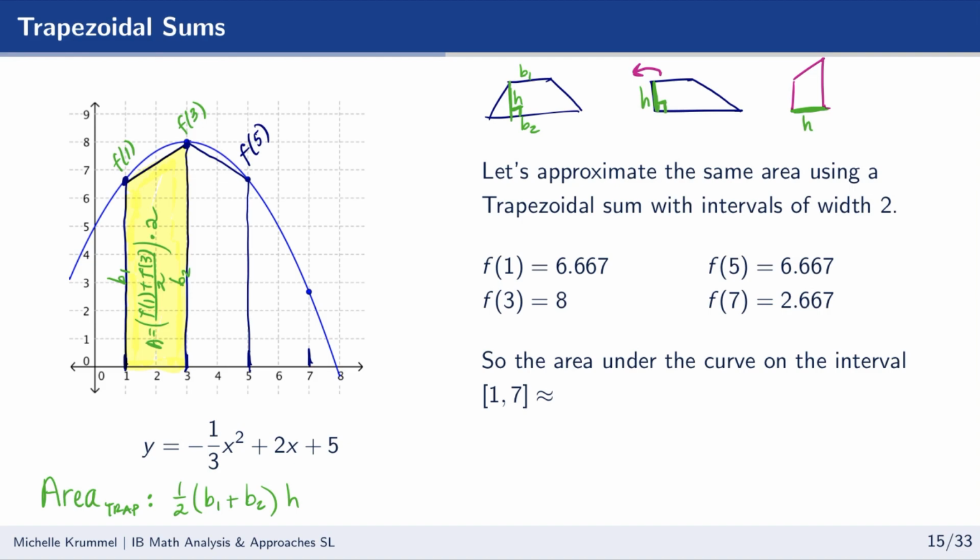And then the last subinterval goes from 5 to 7, so we follow that up, and then we get our trapezoid here. So overall, let's go ahead and write this out this time.